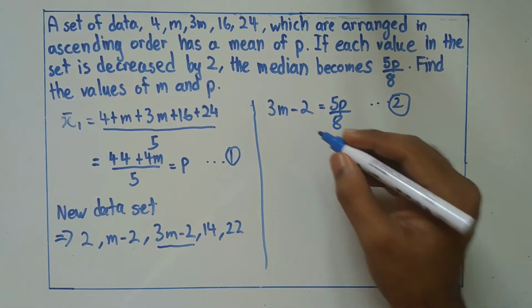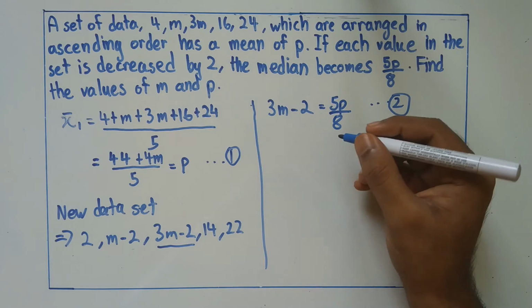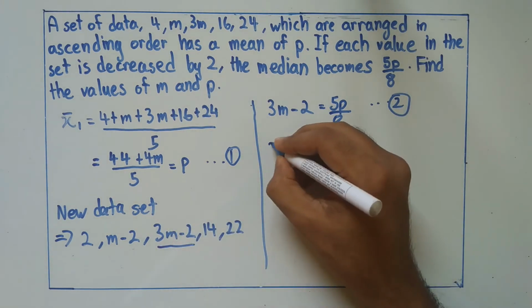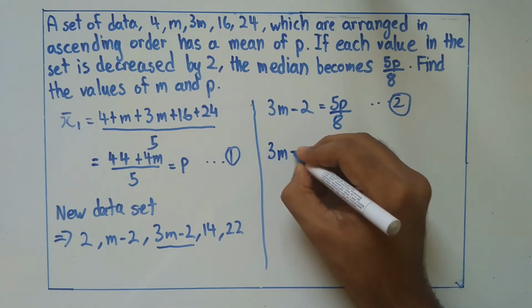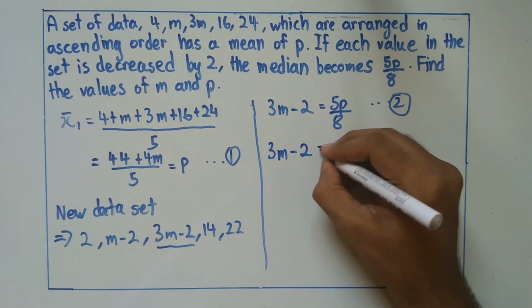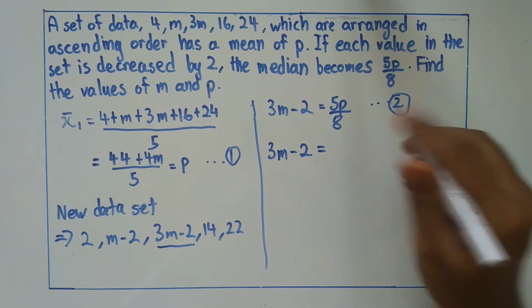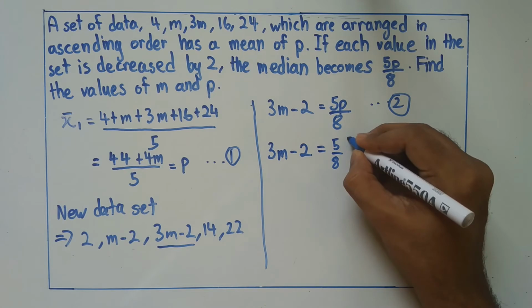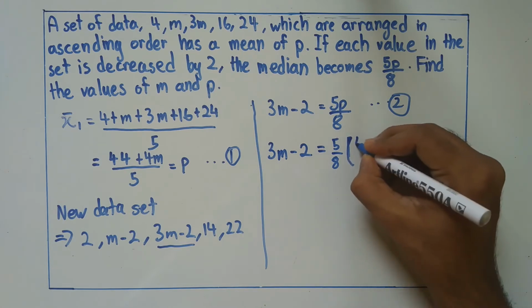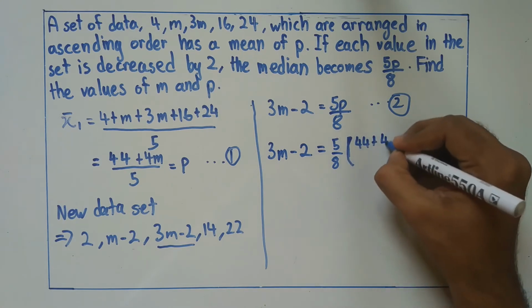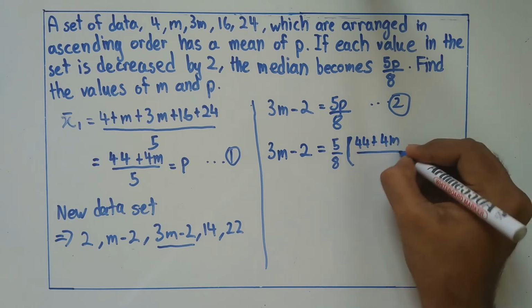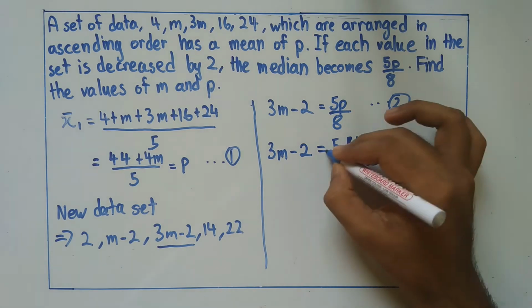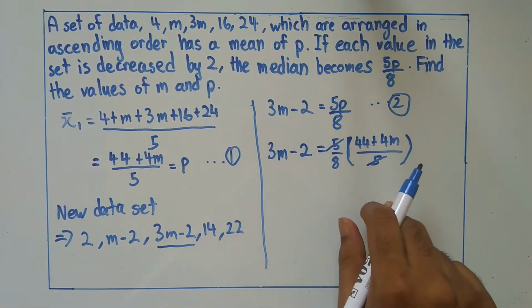Now, we can also simplify our equation by substituting p into equation 2. Then we solve for m.